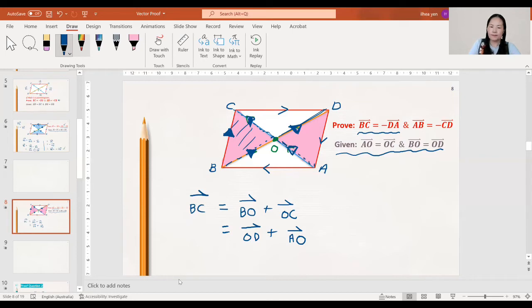AO. So they're all going the same current there, so it has to be going that way. So that equals vector AD.